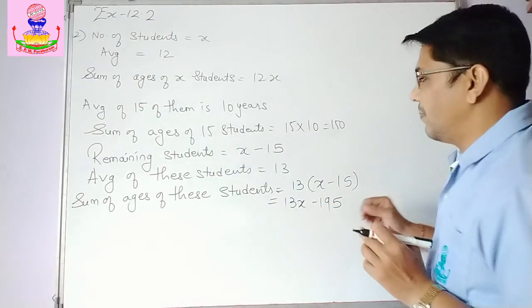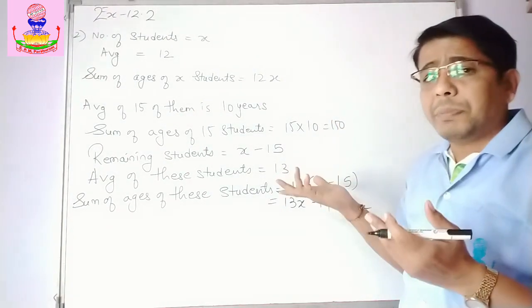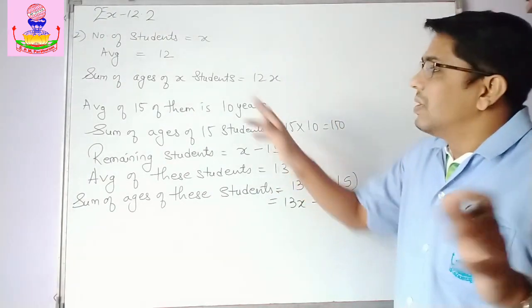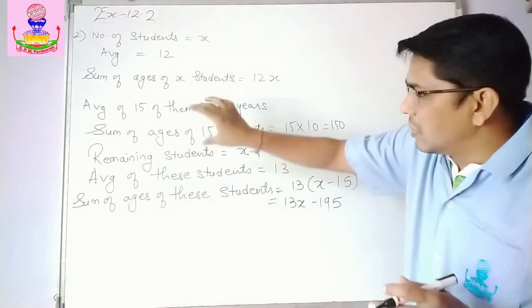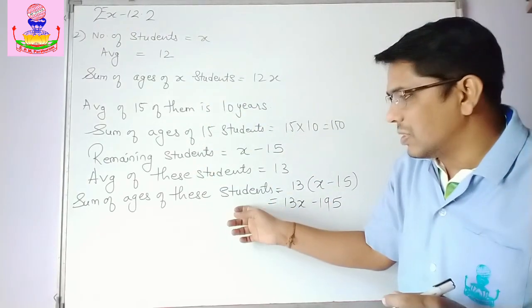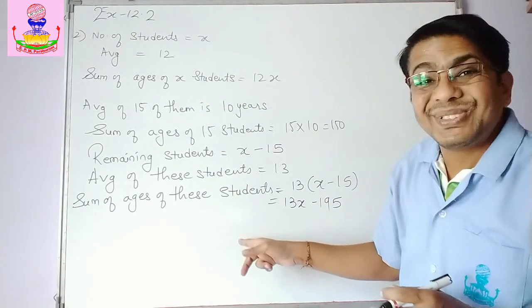Now keep this in mind: the total sum of the ages of all the students should be equal to the sum of the ages of 15 students plus the sum of the ages of the remaining students.